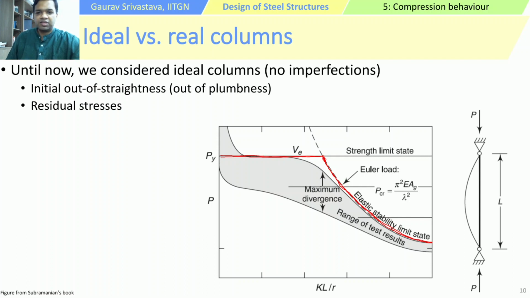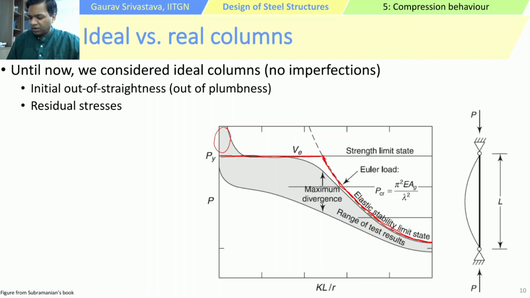Now a lot of experiments have been performed on columns of different configurations, and the gray shaded region is the range of test results. This is how, for different slenderness ratios and different sectional configurations, the failure loads were observed. If we go to very small slenderness ratios, the failure loads are actually in excess of Py, and this is primarily because of the strain hardening effects, because steel would not fail at Fy, it still has some reserve strength.